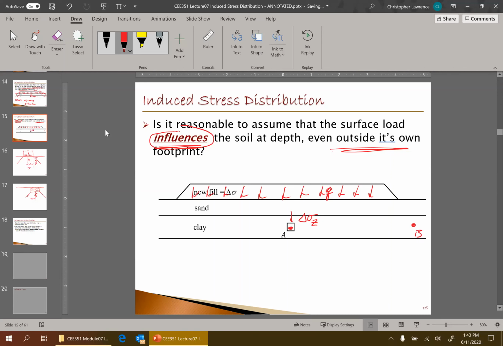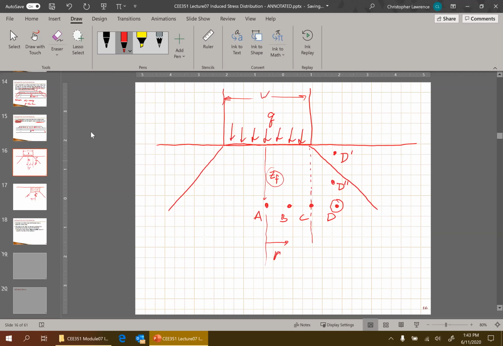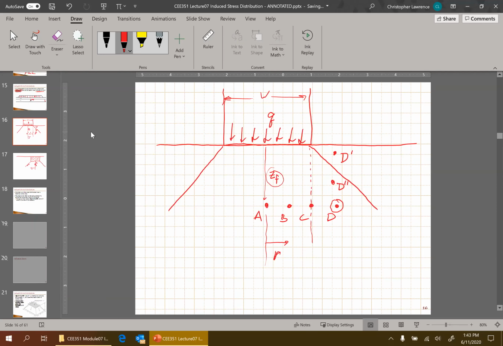And in the previous class when we were talking about this, everybody agreed that there would be some influence, even outside of the footprint of the load. How much? Well, that's what we're going to head towards. We're trying to figure that out. But we all agreed that there's some influence, right?